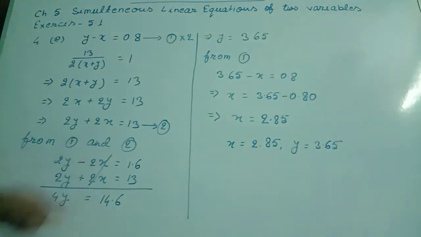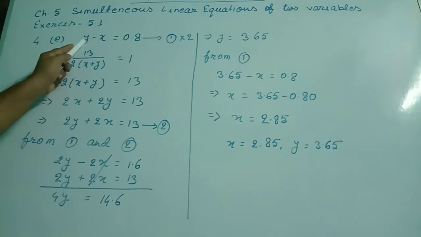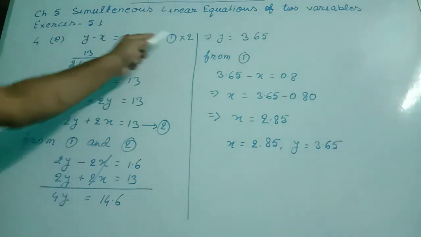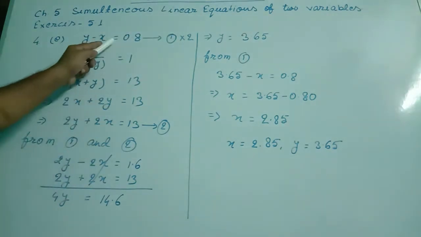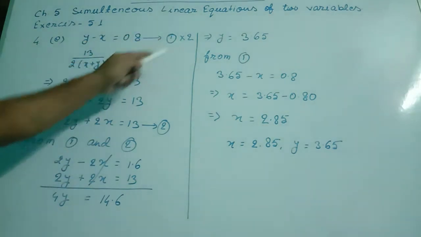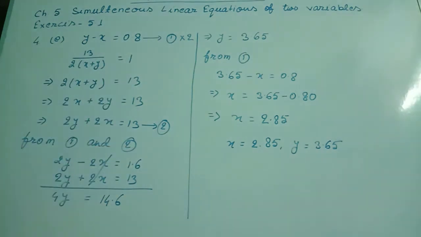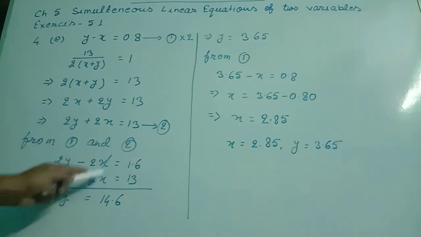So from 1 and 2, as I have multiplied equation number 1 by 2, so 2 into y, 2y, minus 2 into x, 2x, equal to 0.8 into 2 equal to 1.6. And this equation I have written as it is, 2y plus 2x equal to 13.